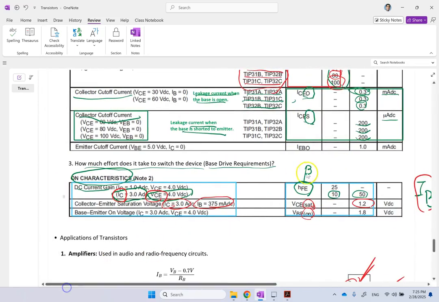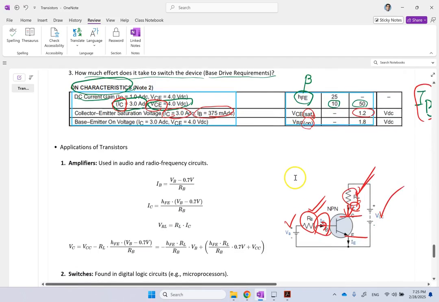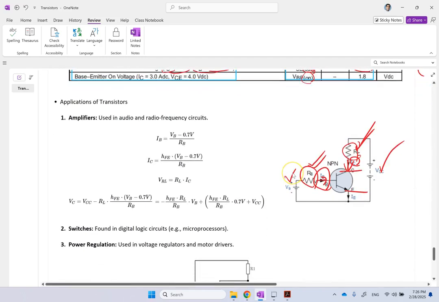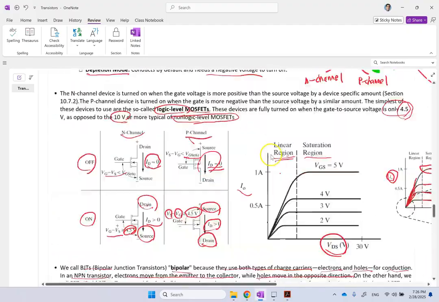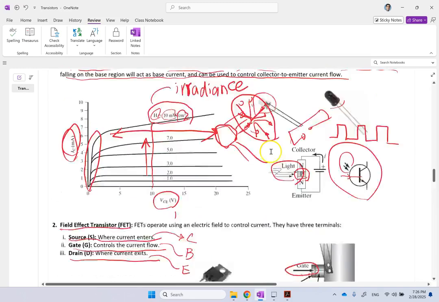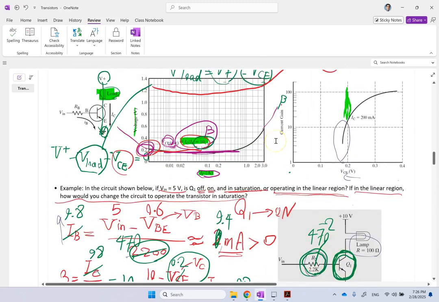Now, we want to look at the applications of transistors and to practice using these formulas again. The first application we want to see is amplification, because the switches, we have talked about them. I showed you, if you want to switch in this example here, what is it that we need to do, correct? Remember this example that we solved?